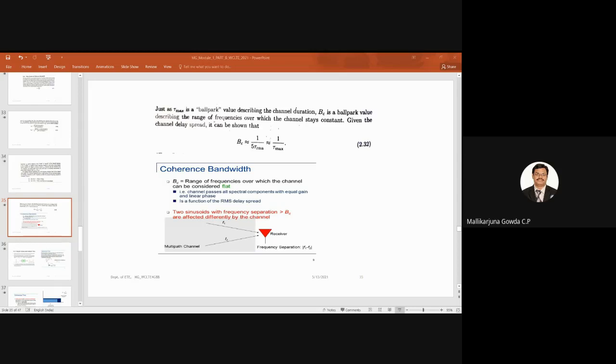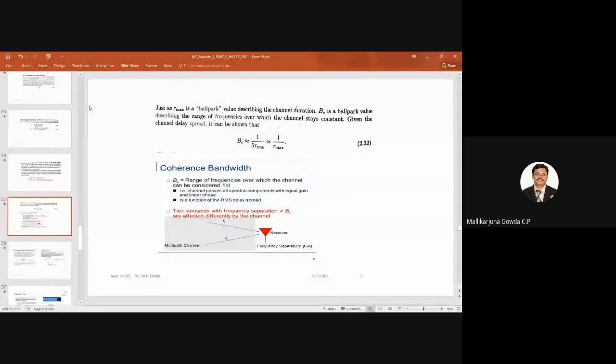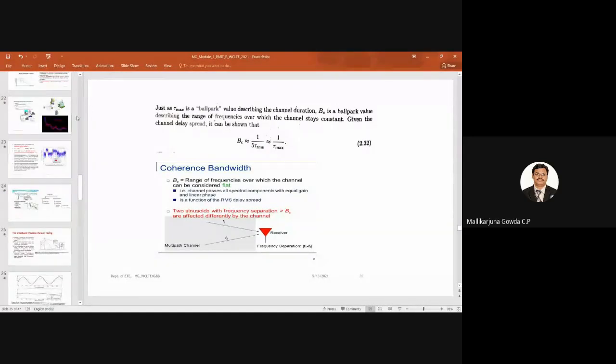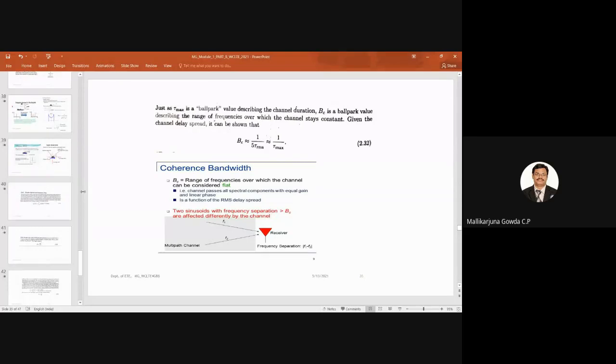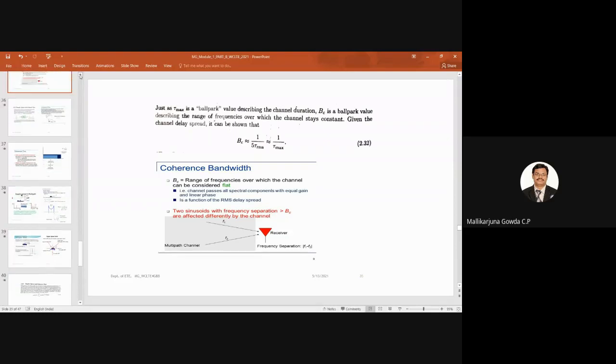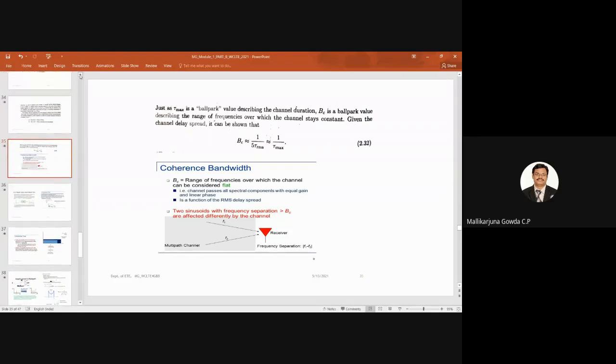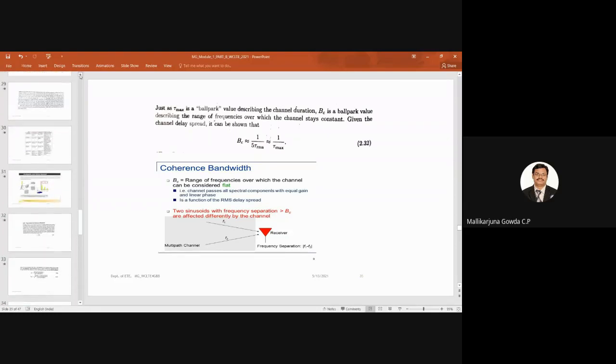Now let us try to understand the importance of coherence bandwidth in the LTE design. If it is large, what happens? If it is small, what happens? With respect to the symbol duration.